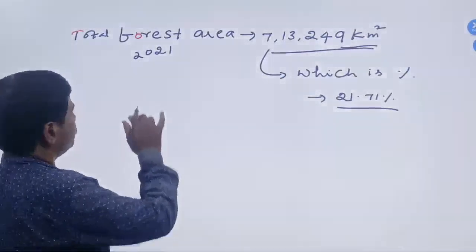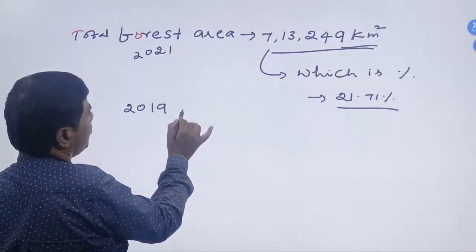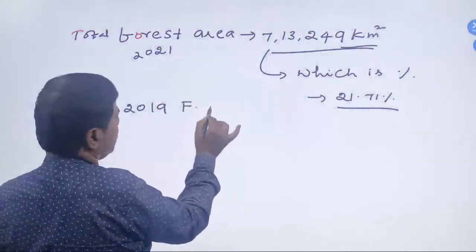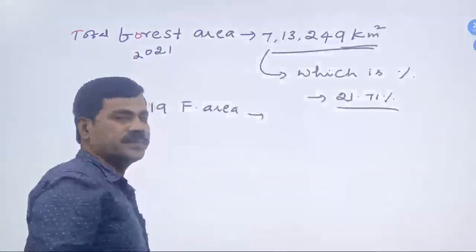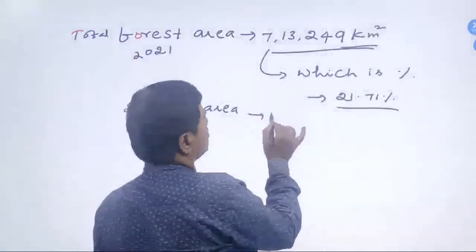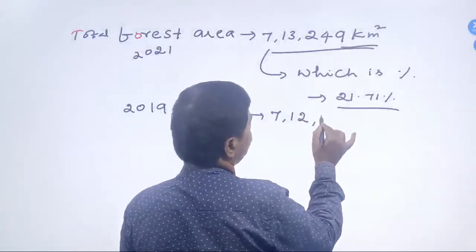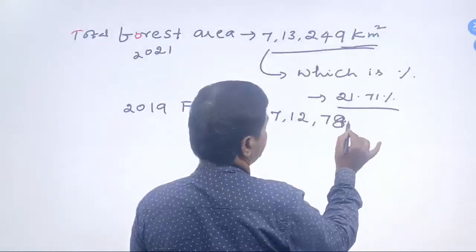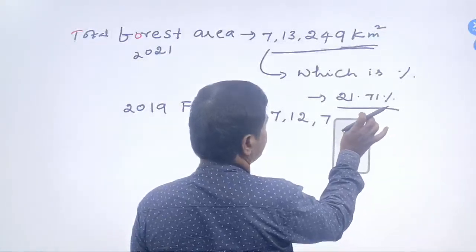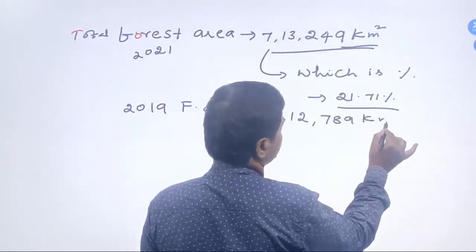So, in 2019, the Indian forest area was 7,12,789 square kilometers.